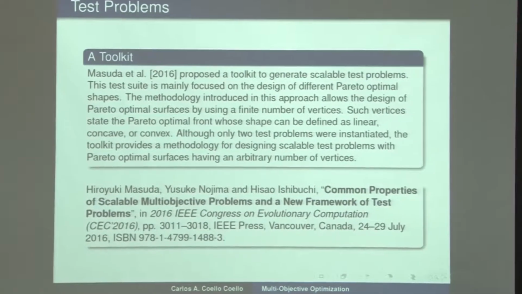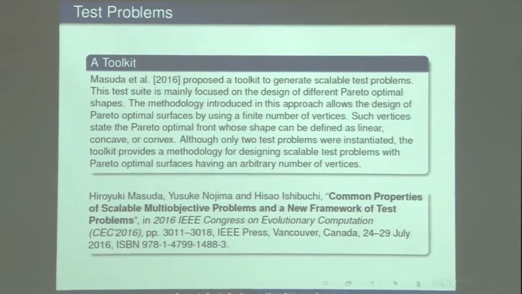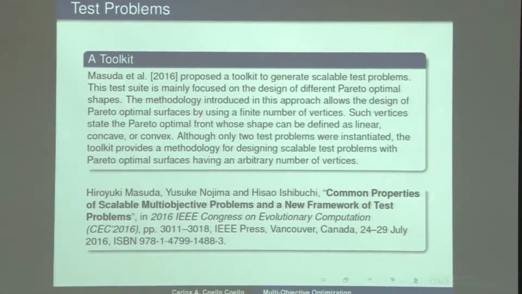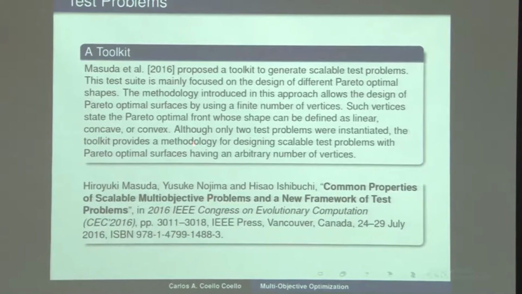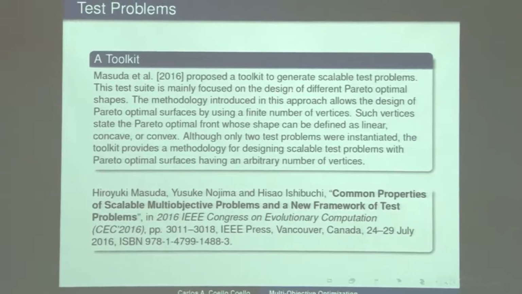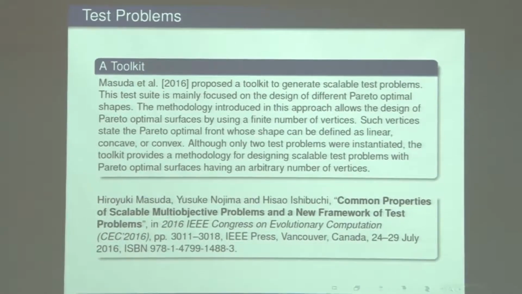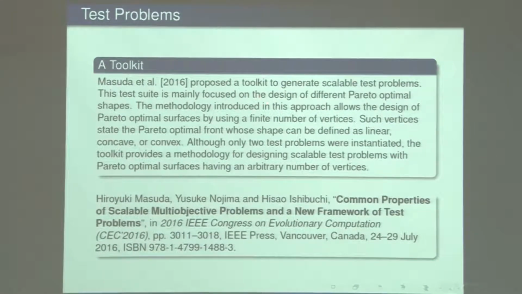Okay, another toolkit was proposed by Masuda in 2016. This is also very recent, at CEC 2016. This is a toolkit to generate scalable test problems, and it's focused on the design of different Pareto optimal shapes. In this case, the methodology allows the design of Pareto optimal surfaces using a finite number of vertices.